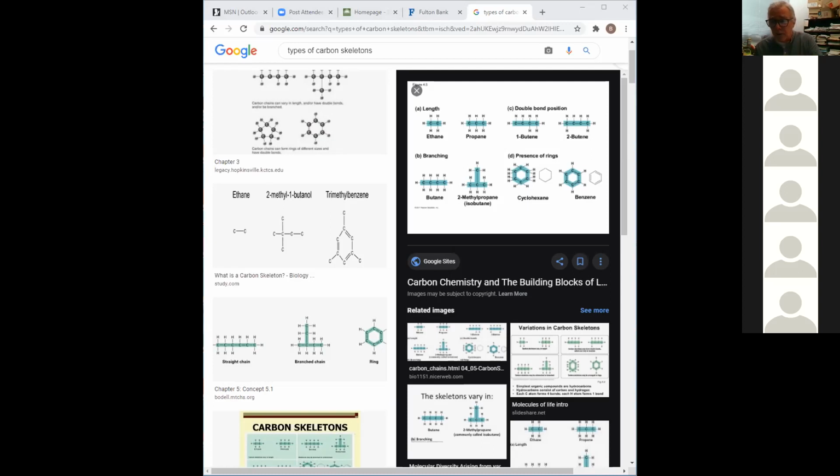And why do they do different things? Because of arrangements of other atoms, particularly oxygen, hydrogen, and nitrogen, the other of the big four. They are put together in certain ways called functional groups. You add those functional groups to the carbon skeleton, and it changes things. It makes it do different things.